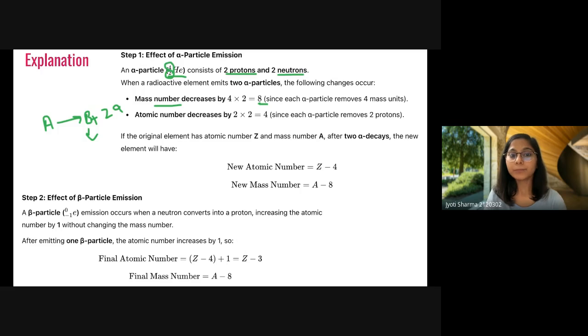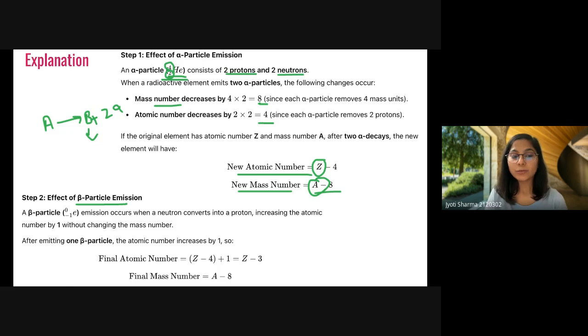And the atomic number we have to decrease by 4, because this is helium 2 and we have 2 alpha particles. So the new atomic number will be Z minus 4, and the new mass number will be A minus 8. So this is our initial atomic number, and this was our initial mass number. And the newer one will be Z minus 4 and A minus 8. Okay, and then we have the beta particle emission also.